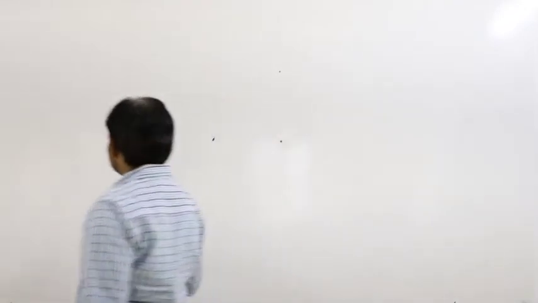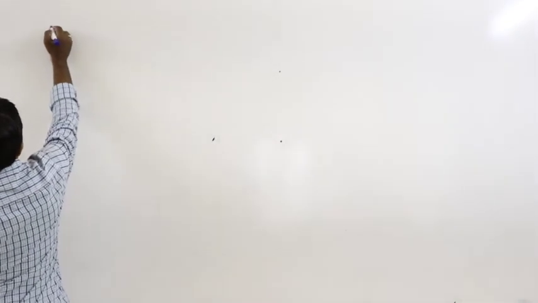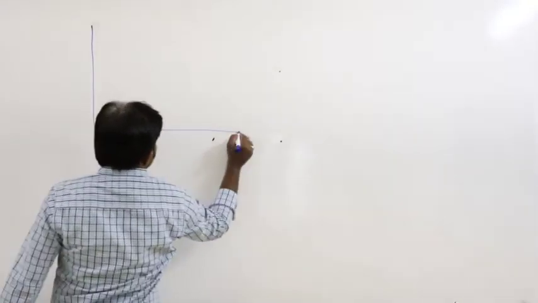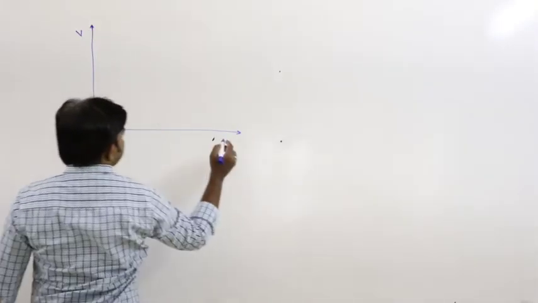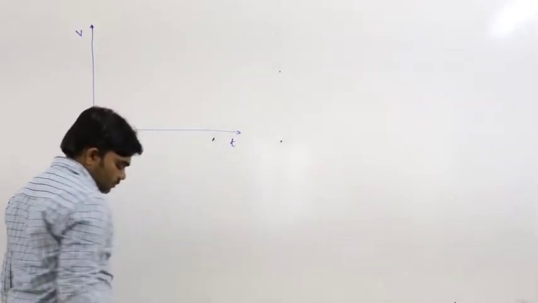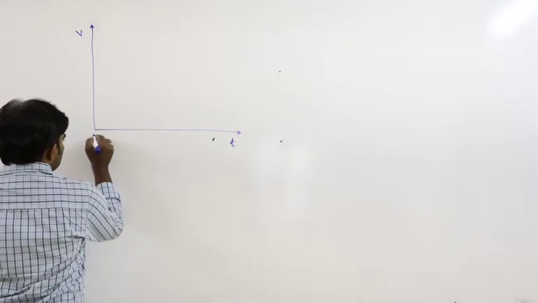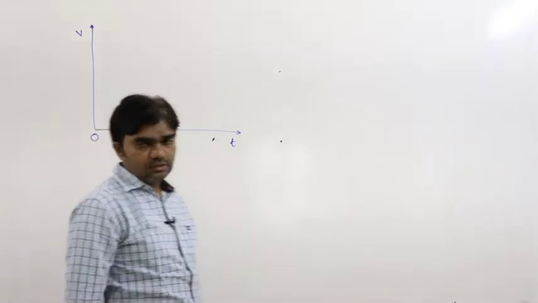So now, for example, I am considering a velocity time graph. Here this is the origin, O is the origin.